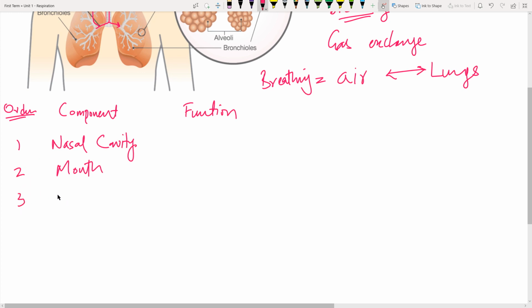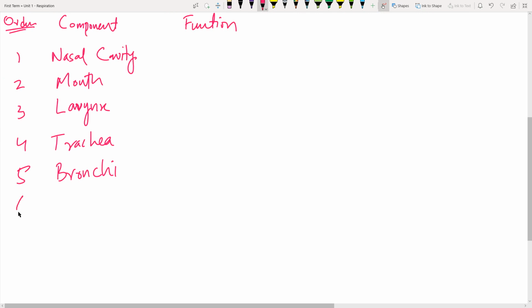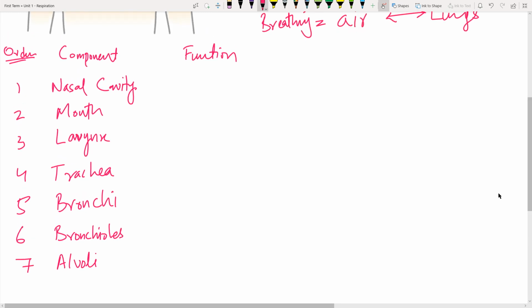Step three, it goes into the larynx, and from the larynx it goes into the trachea, and from the trachea it goes into your bronchi. Bronchus is singular, bronchi is plural. Then we have bronchioles, and then from bronchioles into the alveoli, and then lastly from alveoli into the blood, which we're not going to discuss over here for now.